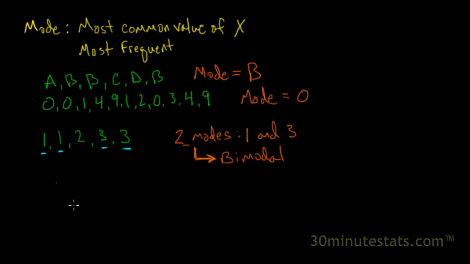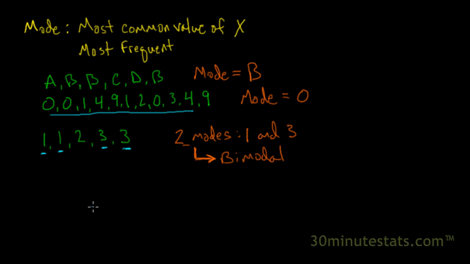Now, it's fairly easy to find the mode of a small array of numbers when you've only got 5 values or 6 values, as in the first or the third example here. But what if you've got a larger array? This second example that we had was a little more difficult because there were so many numbers.